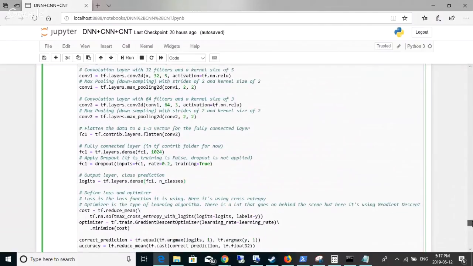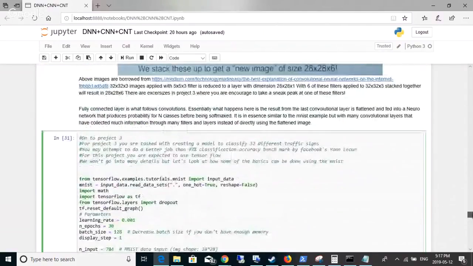Okay, so to go into project 3, your task is to classify 32 different traffic signs, if I remember that correctly. One of the challenges is that you are trying to beat the state of the art.